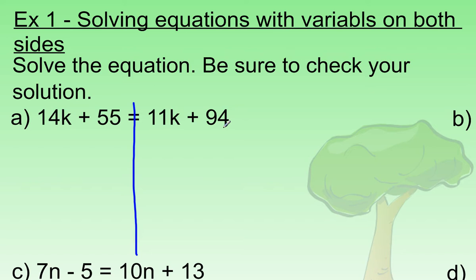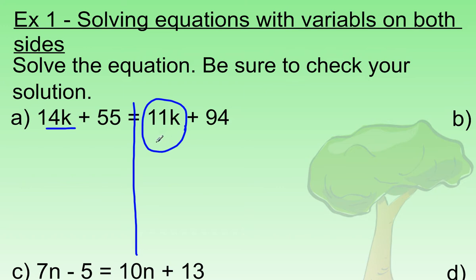Step 3. If you have variables on both sides of the problem, which we do, get rid of the variable on the right. So for me to get rid of this piece here, I want this whole term to go away. Anytime you want an entire term to go away, it's always going to be adding or subtracting. So this 11k is positive.